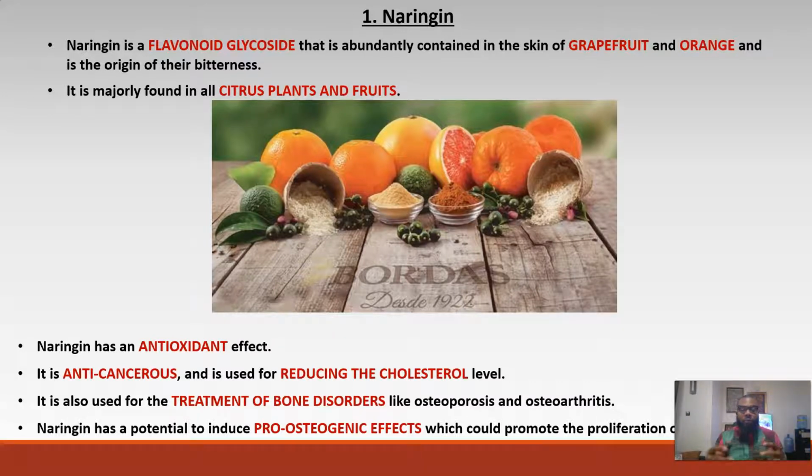It's also used for the treatment of bone disorders like osteoporosis and osteoarthritis. So it has the potential to induce pro-osteogenic effects, which could promote the proliferation of stem cells. We take this for vitality in the human body, and invariably this can go a long way in the promotion of stem cell proliferation in our bodies.